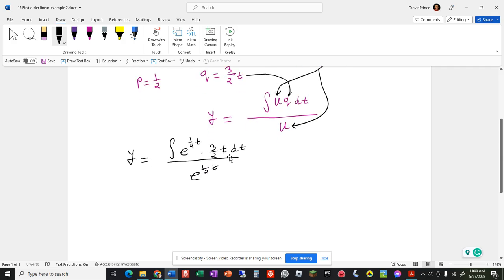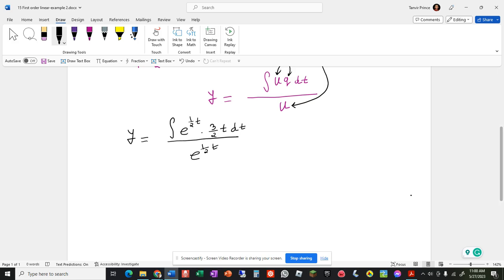And now we have to evaluate this integral. So let's do this. Here I'm going to concentrate on the top part first. So let's concentrate on the top numerator.